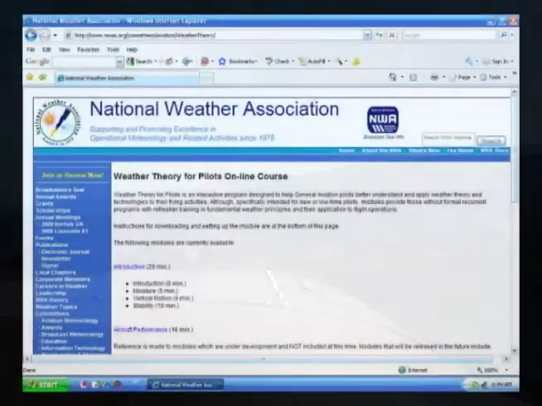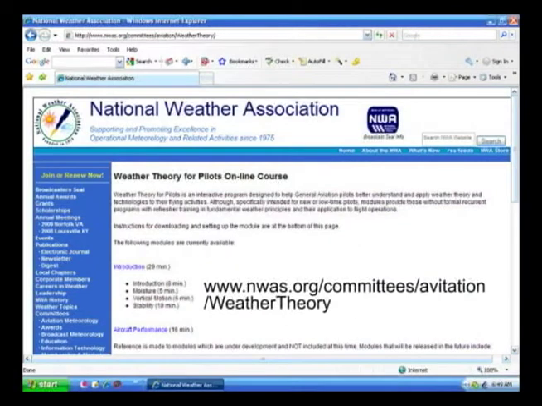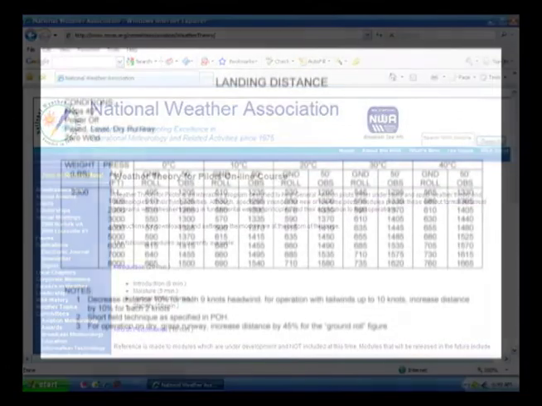In the warm season, even with a field elevation of only around 2,000 feet, density altitude can occasionally exceed 5,000. Aircraft performance is calculated using a graph or table. For a detailed explanation of calculating wind components, pressure altitude, and table interpolation techniques, refer to the National Weather Association's Weather Theory for Pilots program, Aircraft Performance.